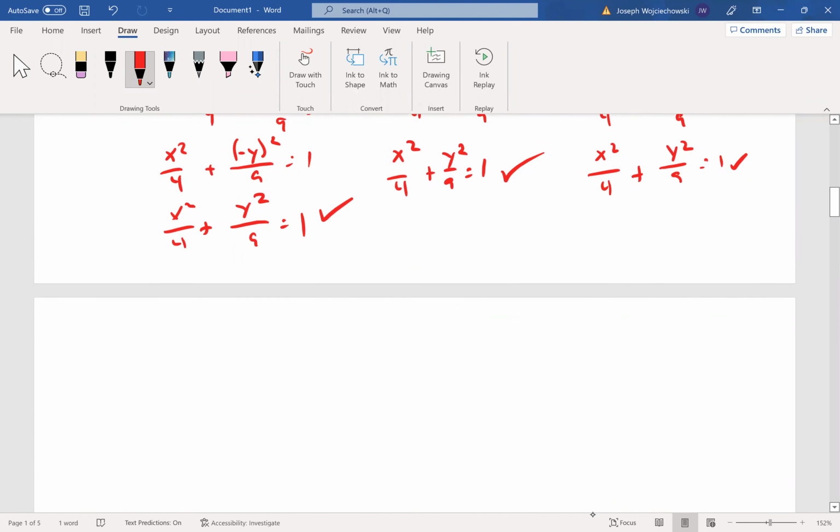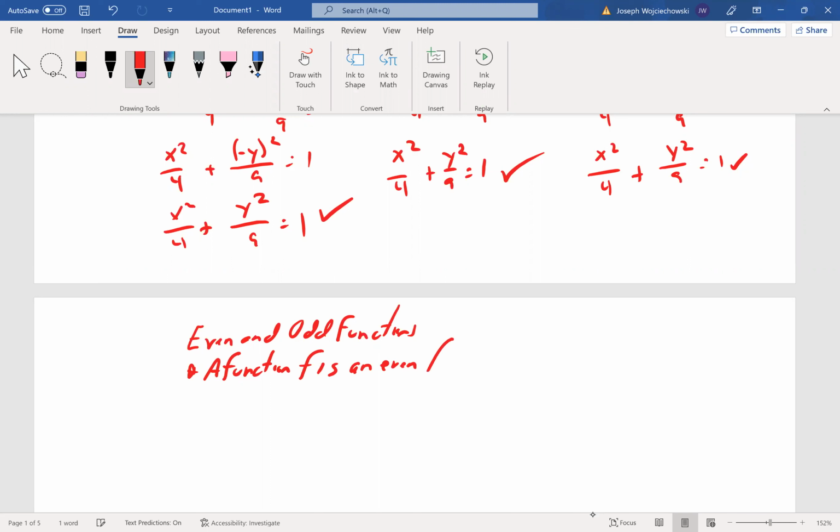Next up, even and odd functions. So, a function f is an even function if f of negative x is equal to f of x for all x in the domain of f.